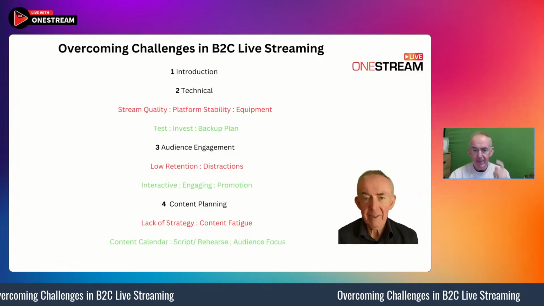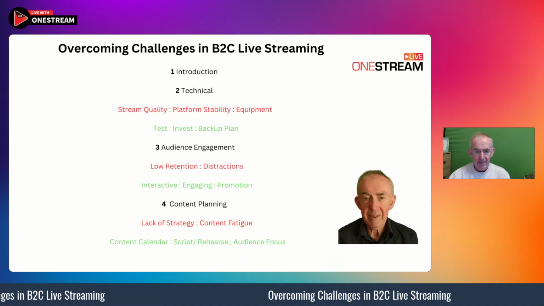And then finally, as far as technical is concerned, we're going to go with equipment. Now, when you first start broadcasting, you can broadcast, as I just said, with your mobile phone, and you've got a camera on there, you've got a microphone in there, and it's reasonable quality.